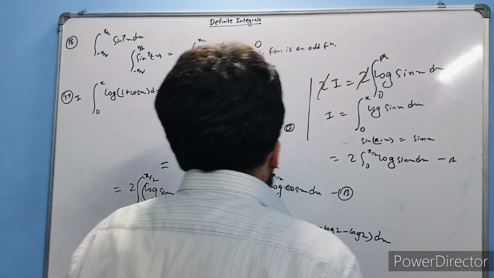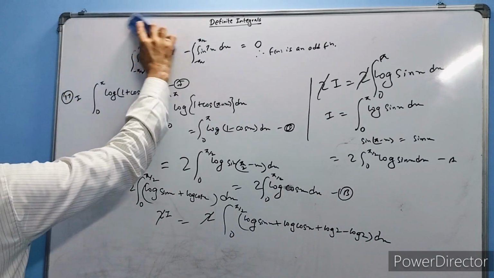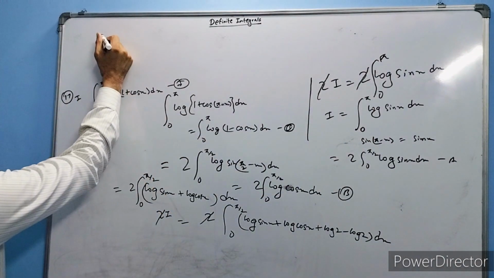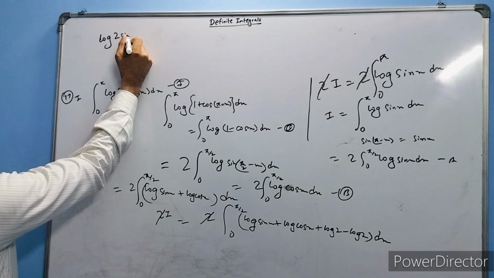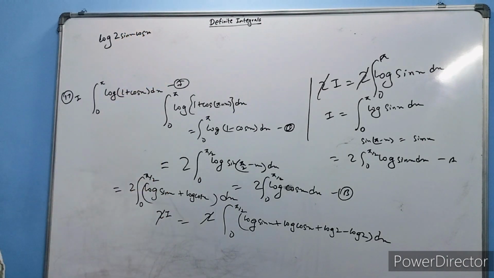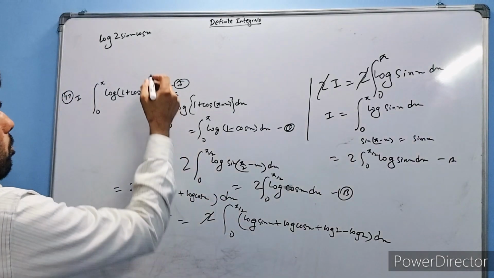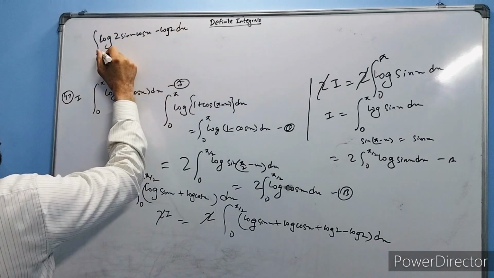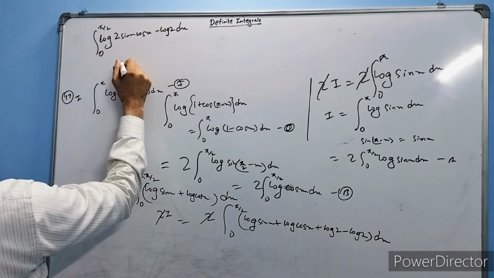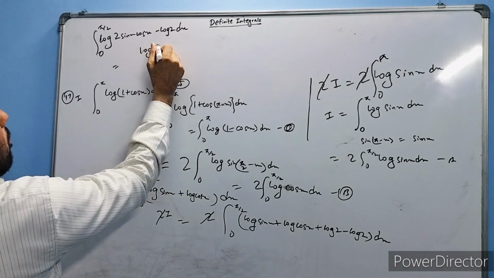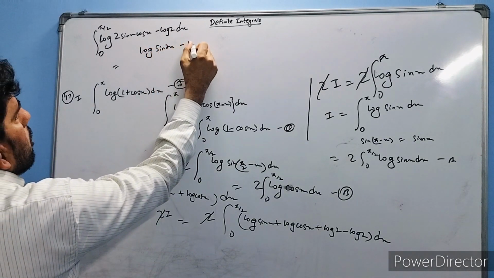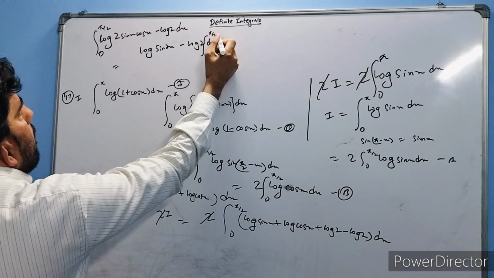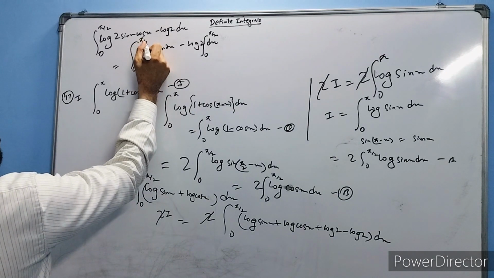So we have log 2 sin x cos x, and we know log a plus log b is log ab, and we get minus log 2 dx, from 0 to pi by 2. So likewise we have log sin 2x minus log 2 dx from 0 to pi by 2.